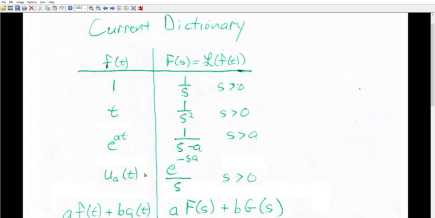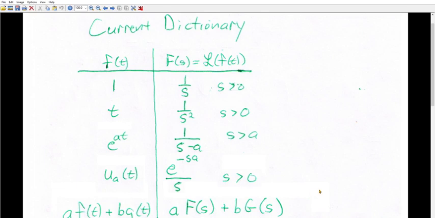And u_a of t, the unit step function, translates to e to the minus sa over s when s is bigger than 0. And this last entry tells us that a linear combination of functions over here in the t language translates to that same linear combination, but of the translates of f and g into s language.